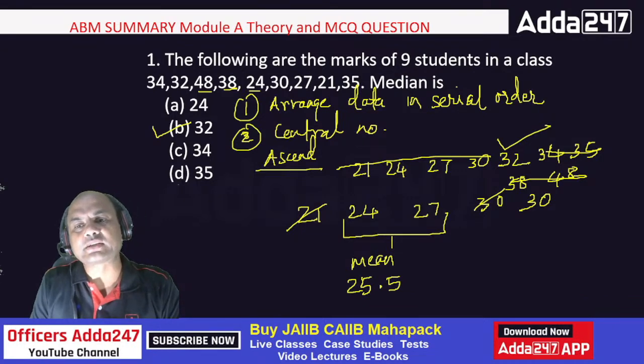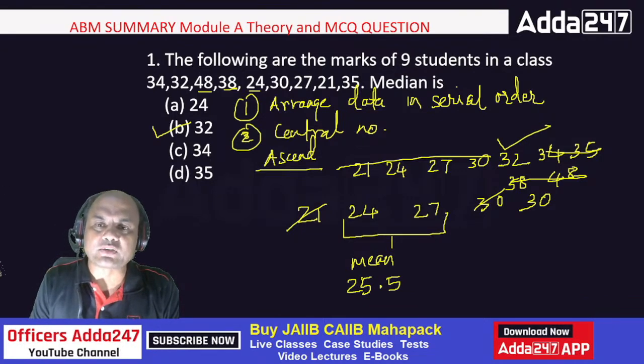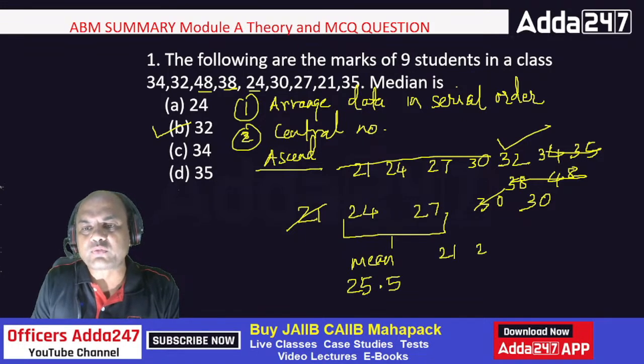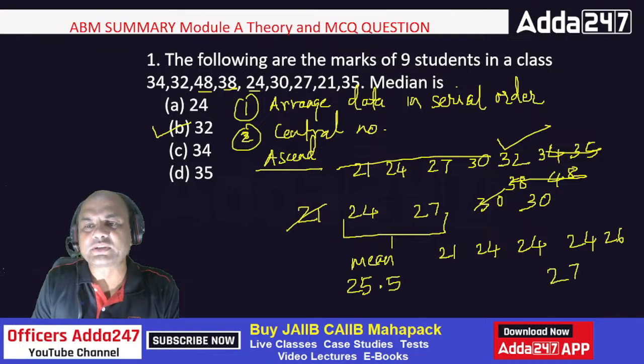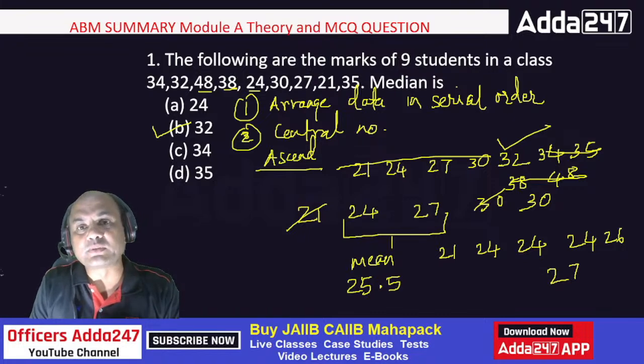Even if there are the same numbers, imagine there is one more possibility I'll give you: 21, 24, 24, 24, 26 and 27. Suppose these are the numbers. So which is the median? Again, arrange them in serial order.